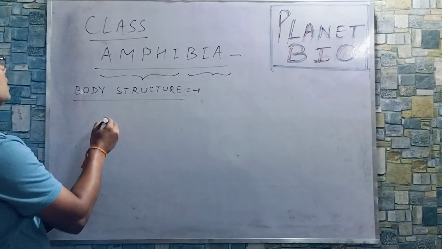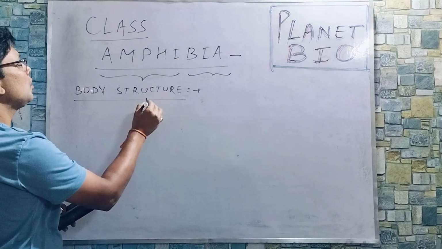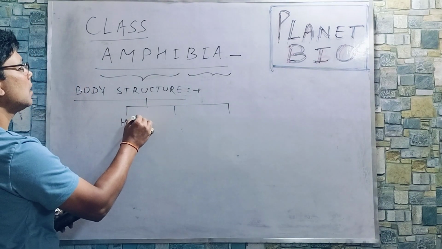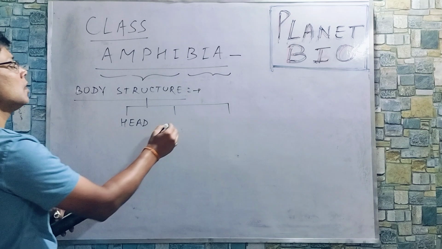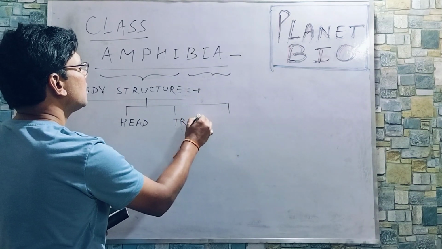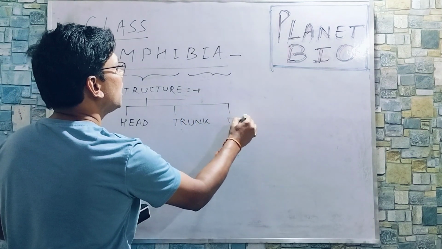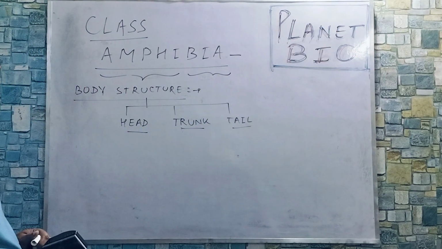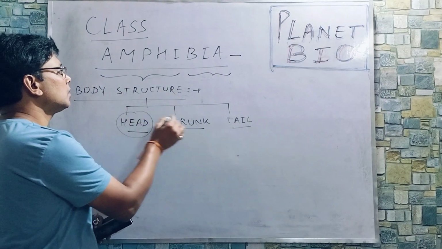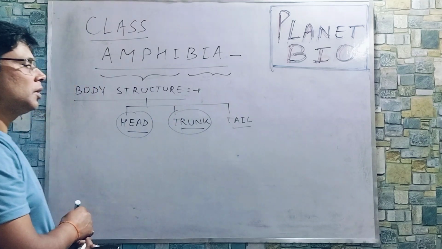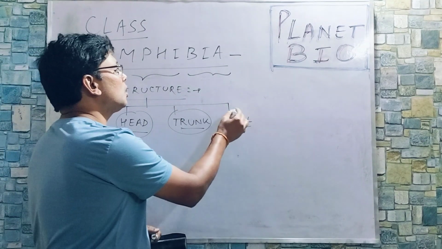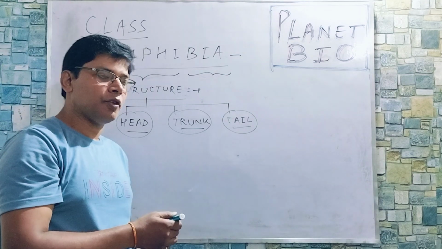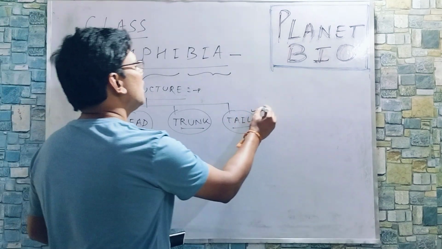Body structure means the body is divisible into head, trunk and tail. Mainly head and trunk are present. Tail may be present or may be absent; in different forms you will find a tail or you may not.